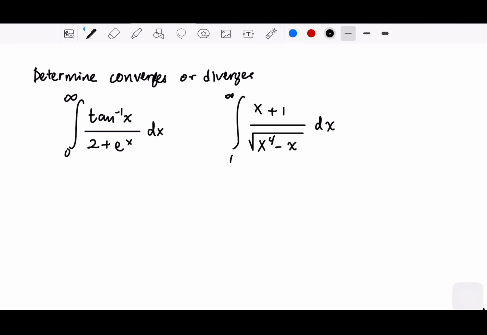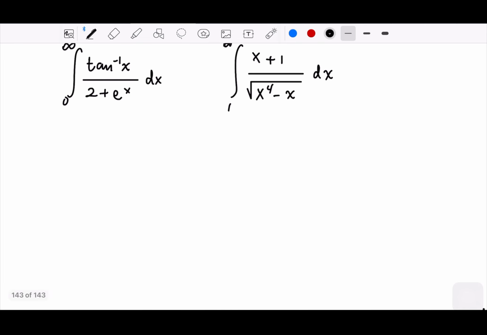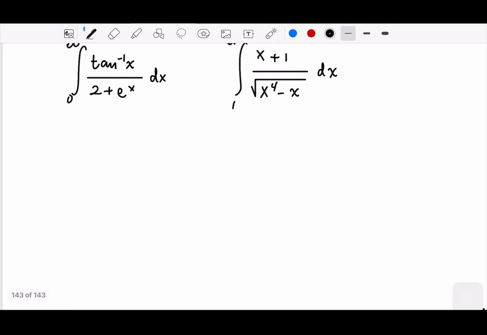So if this question's only asking converge or diverge, perhaps the comparison is the way to check. And you could also check the other questions as well. Let me write here.